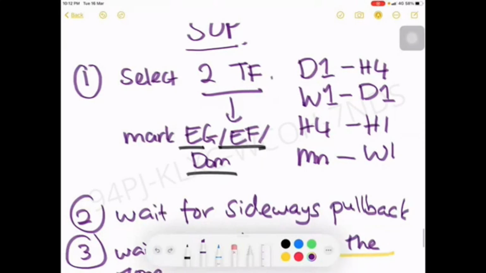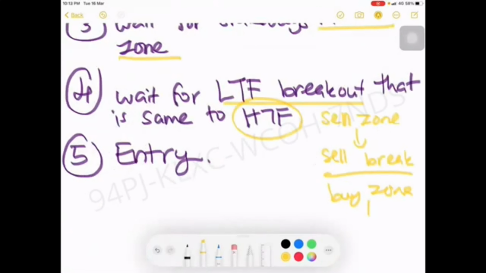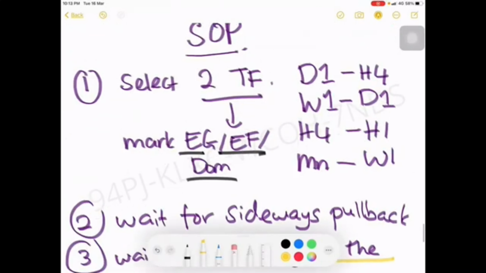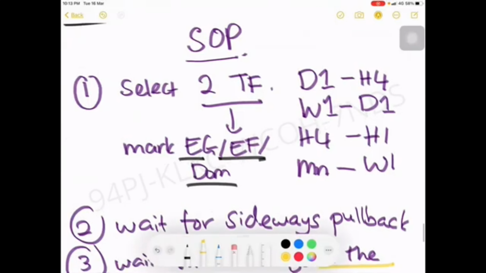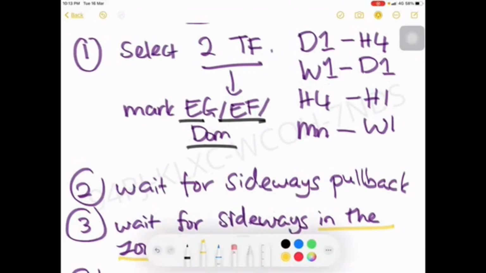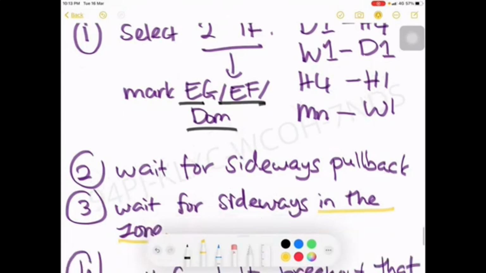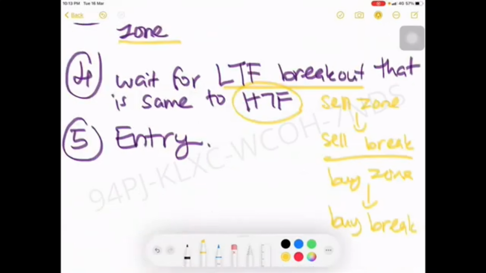There are only 5 steps. If you selected daily, then you have to wait for the zone, and then you wait for the break, same as high time frame. It means that if you mark the zone, there's only 5 steps.